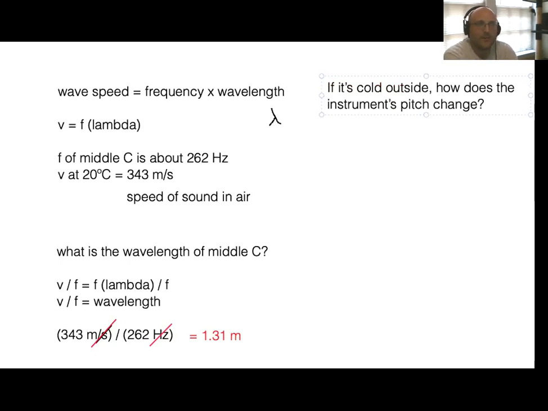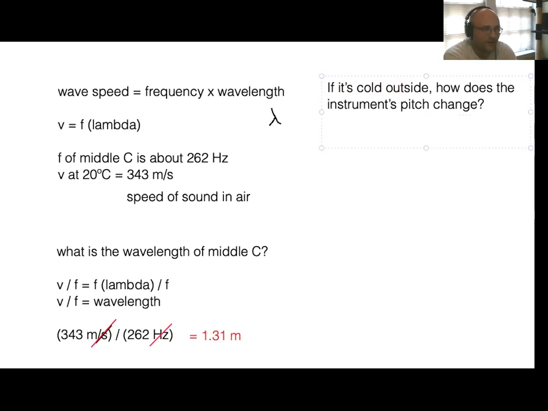So does it basically make the instrument go flat, or does it go sharp? All right, and that will determine how you have to adjust it physically to make sure you play in tune. So I thought I had a memory of the direction that went, but how do we figure it out?